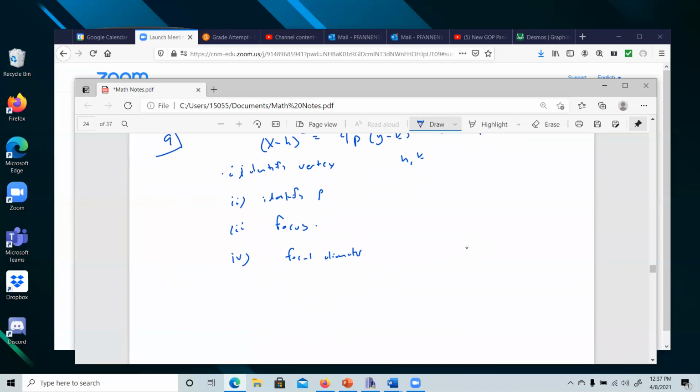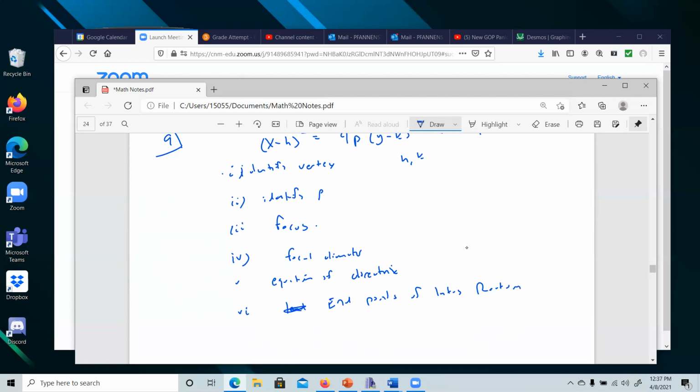Okay, so, oh, did I ask about the latus rectum? Maybe I did. I think I asked about the equation of the directrix. And 6 is the endpoints of the latus rectum.